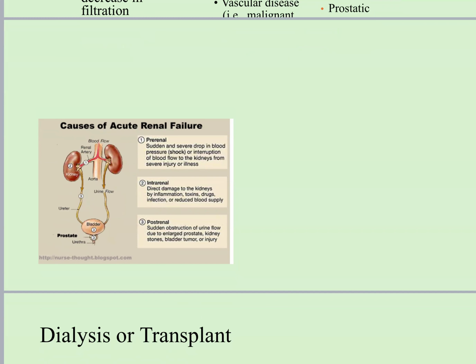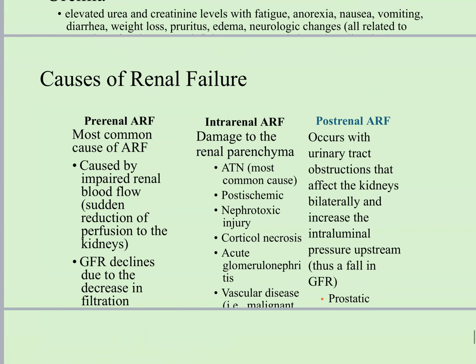Pre-renal would be closer to the head. That's the most common cause of acute renal failure. It happens before you get to the kidneys, and it is caused by impaired renal blood flow, so a sudden reduction of perfusion to the kidneys.